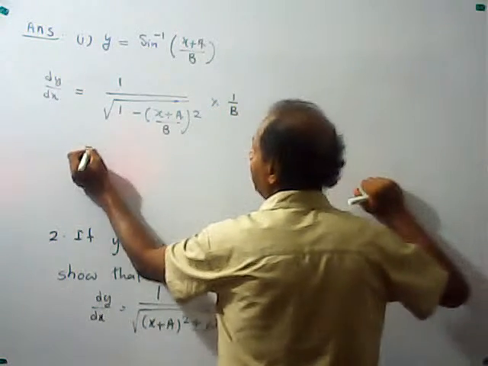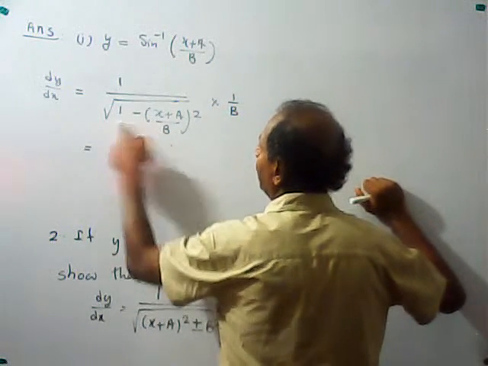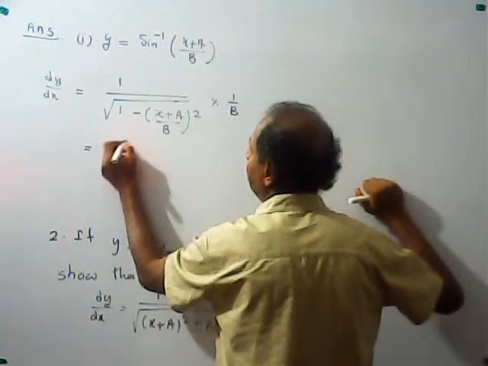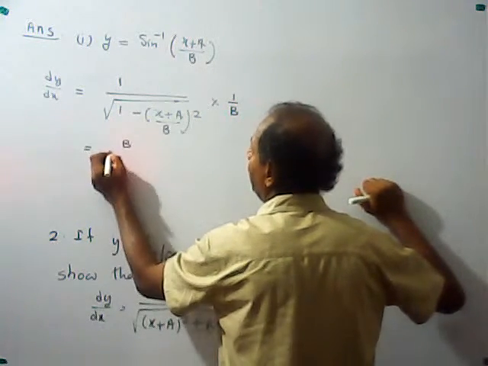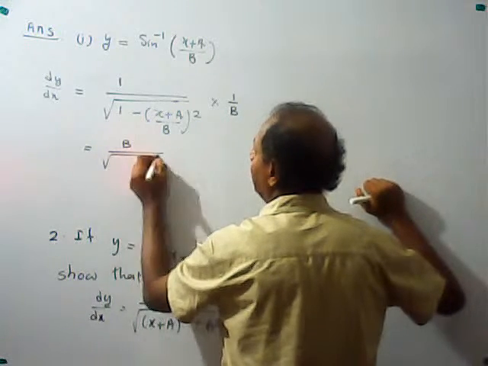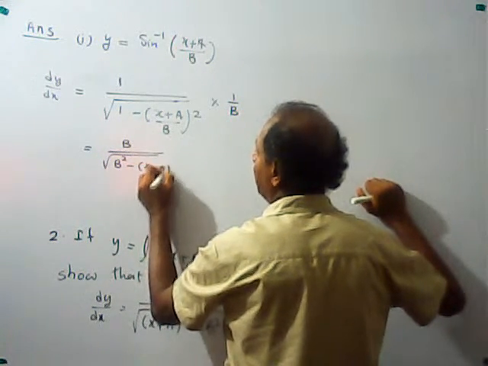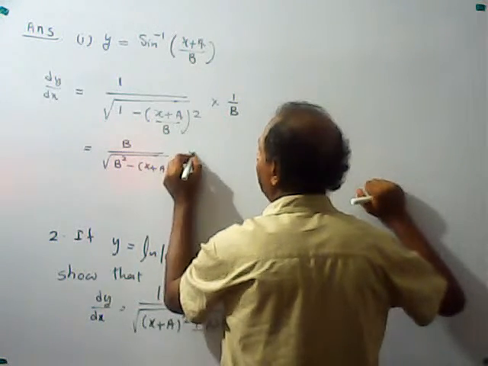Then simplify with b squared. Take the common denominator, it will be promoted to the top as b, coming out of the square root as b in the root of b squared minus x plus a squared, into 1 over b.